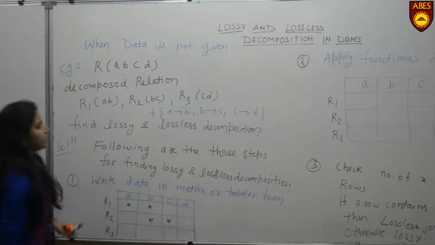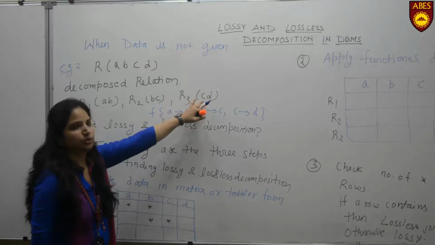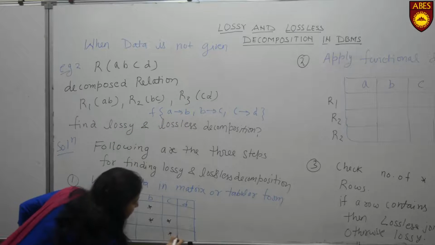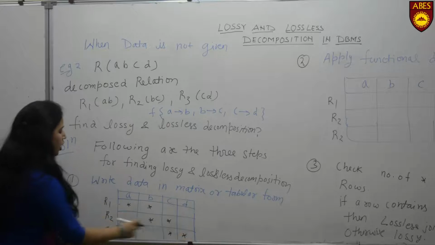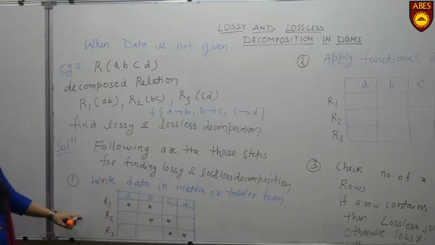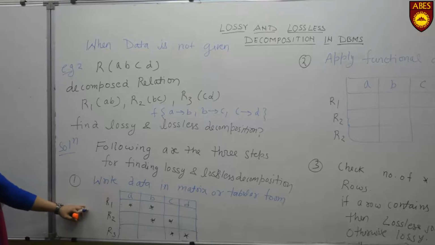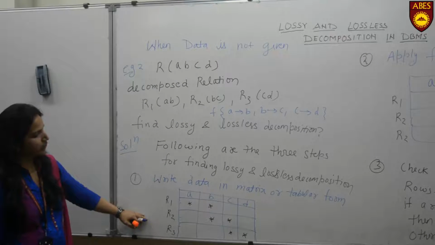And for R3, the attributes are C and D, so we will put a star in the C and D columns of R3. So this is the first step for finding lossy and lossless decomposition. The matrix is prepared like this.